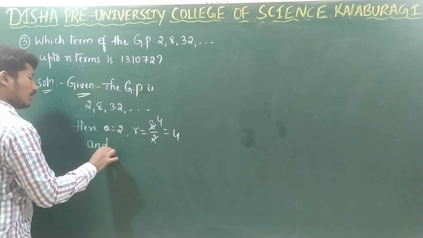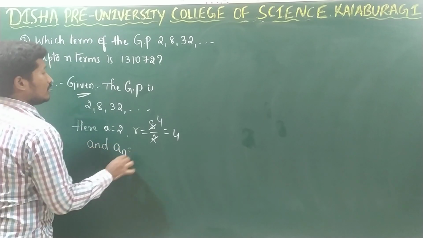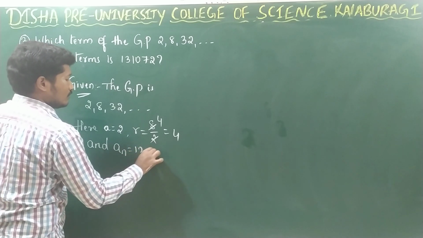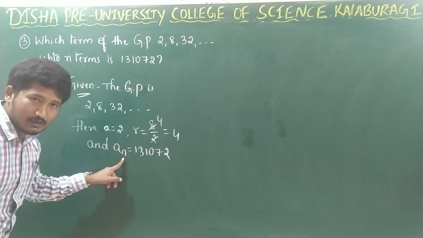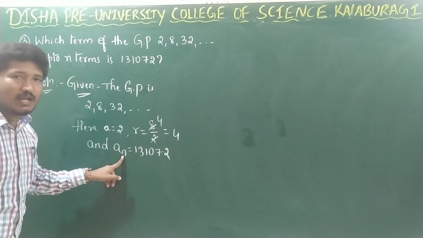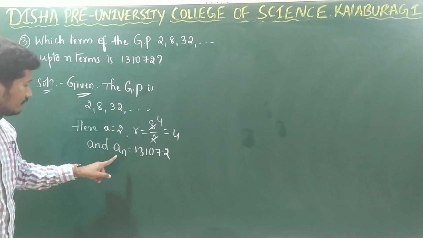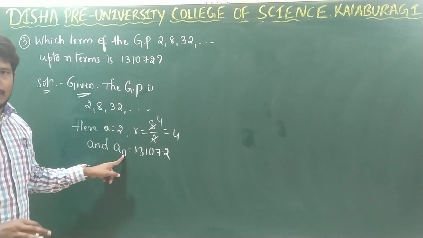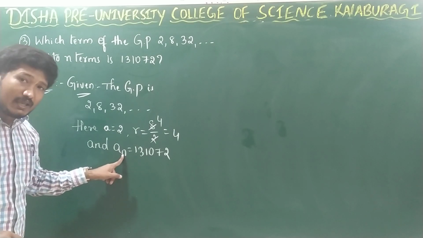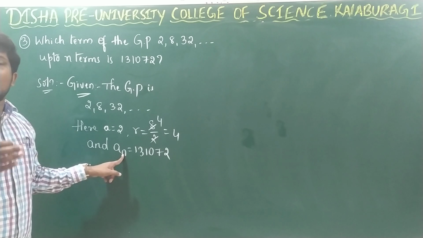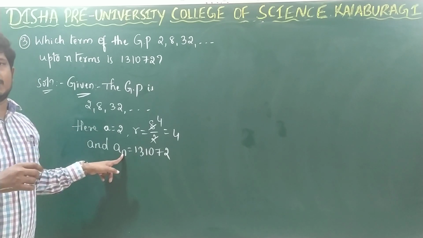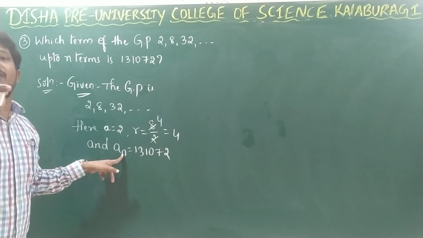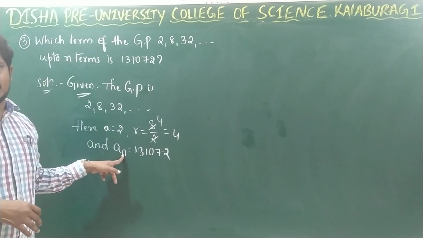And here we are also given an is equal to 131072, right? So we have to find the value of n. If you get n is equal to 7, then this will become a7. What is the meaning of a7? The term is present at the 7th position, or it is called the 7th term of the geometric progression, right?